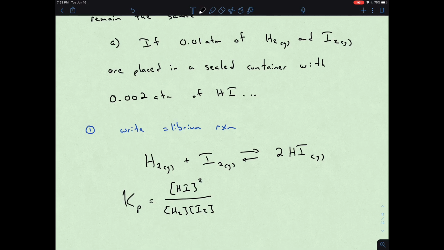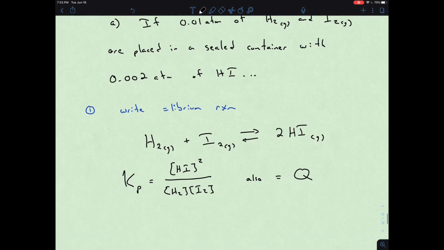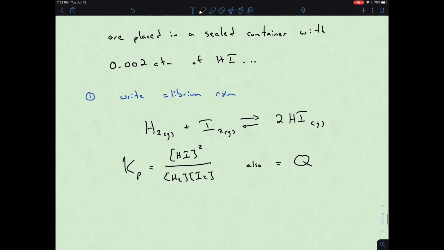And remember, this is also equal to Q. In this case, our Kp is equal to 50.5. And what we want to determine is, well, what is Q equal to? And then how does it compare to our equilibrium constant?